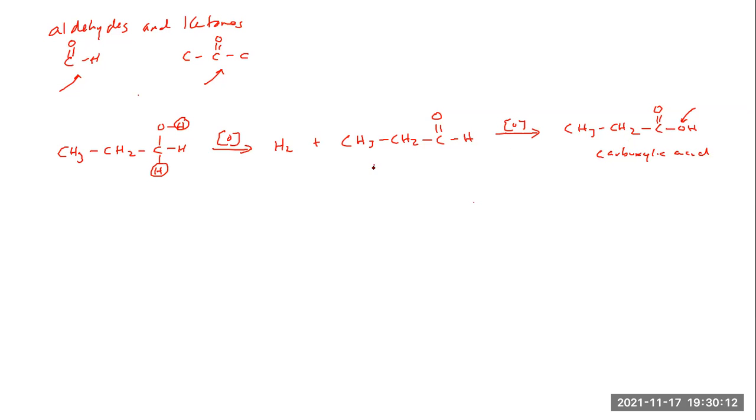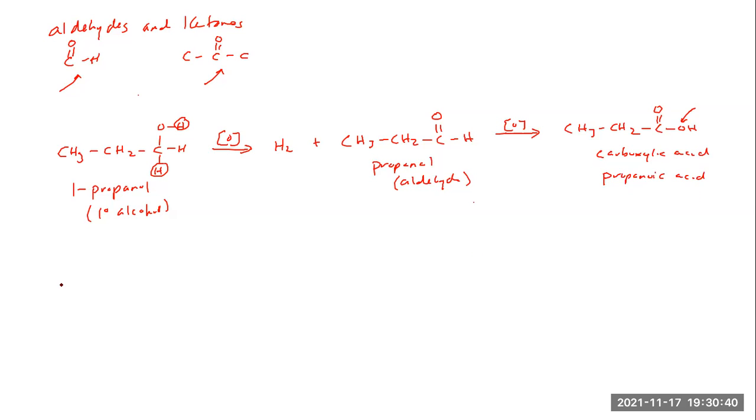This is propanal, our aldehyde, coming from 1-propanol, which is our primary alcohol, right? Again, they're all related to each other. Again, this being propanoic acid.